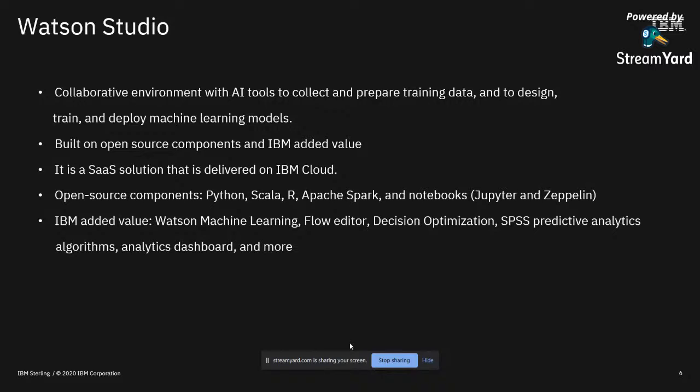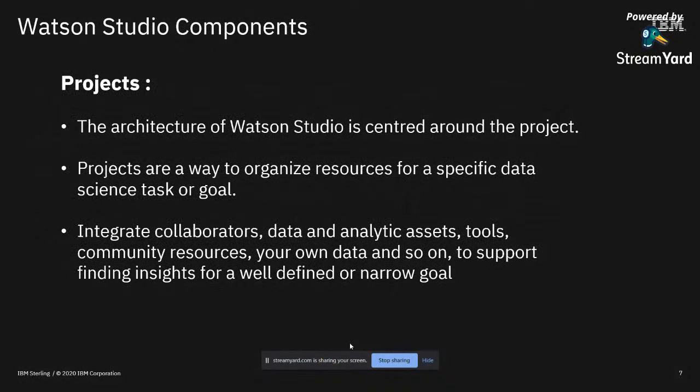It's not just deployment, so it does all that. Then you have the decision optimizer that is already present as part of your Watson Studio. Then you have SPSS predictive analytics, so you can do some analytics over your data. And you can also have analytical dashboards. So these are some of the IBM components that have been added.